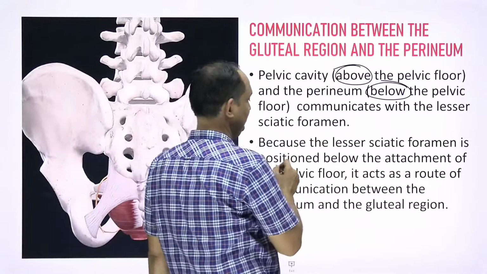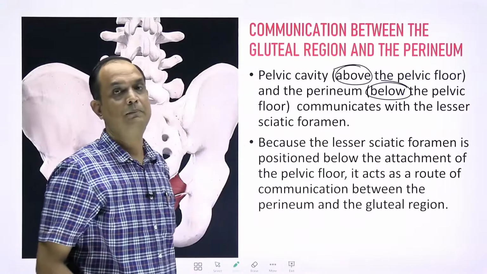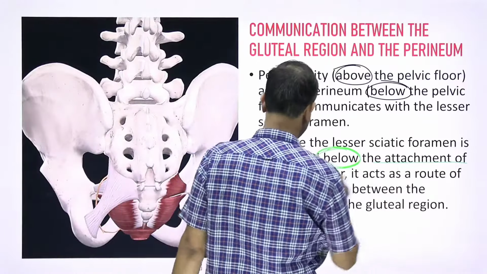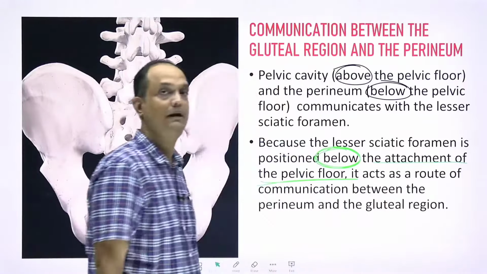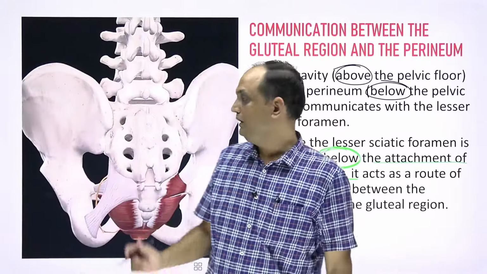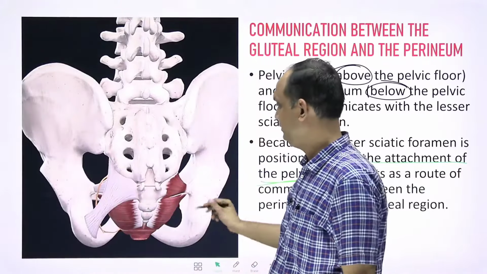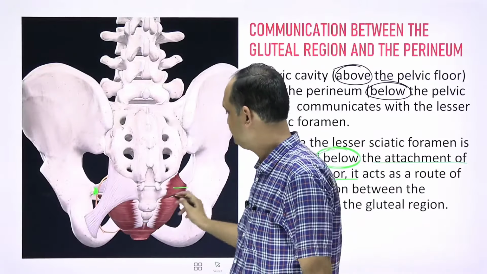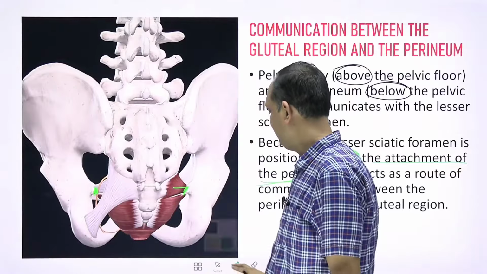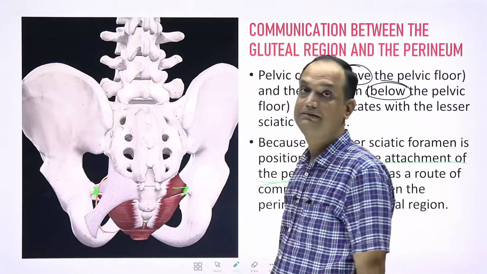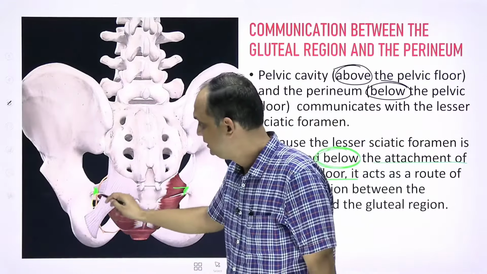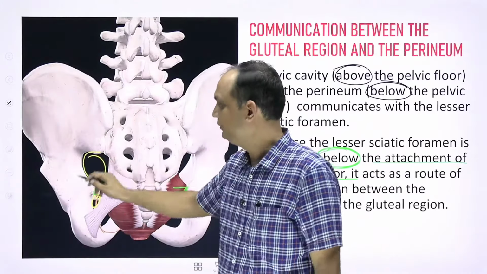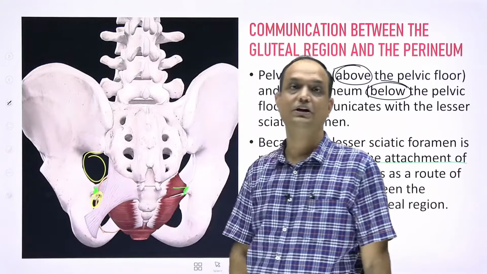The lesser sciatic foramen position is important because it lies below the attachment of your pelvic diaphragm or the pelvic floor. So, the pelvic diaphragm is attached on the ischial spine, and you know that this lesser sciatic foramen lies below the ischial spine. The upper is the greater sciatic foramen and the lower is the lesser sciatic foramen.